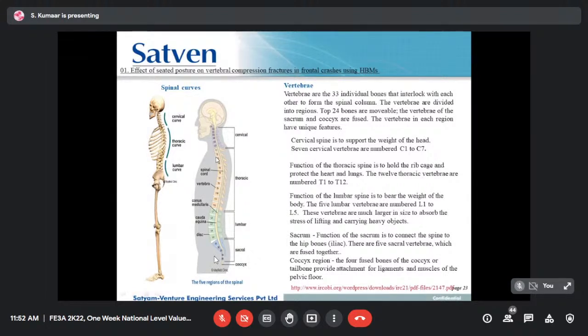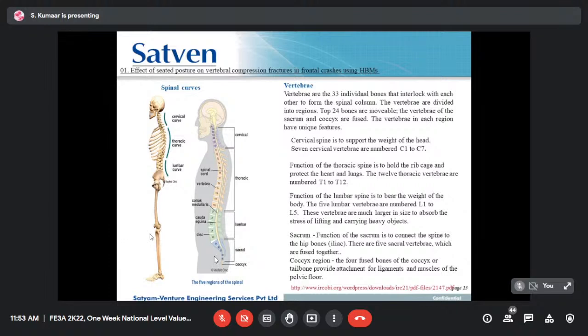It has a total of 5 vertebrae, L1 to L5, and these vertebrae are much larger in size to absorb the stress of lifting and carrying heavy objects. So compared to all the other vertebrae, the lumbar vertebra will be larger.